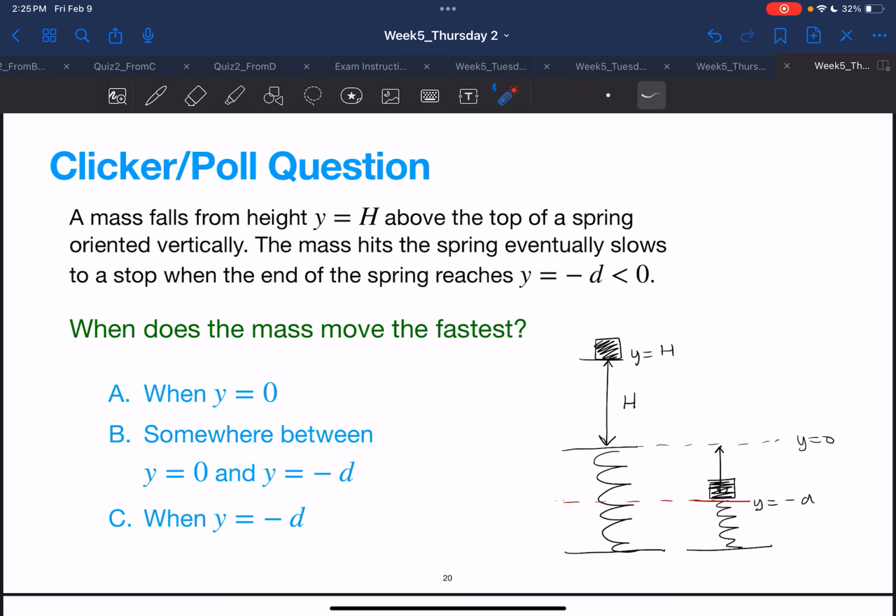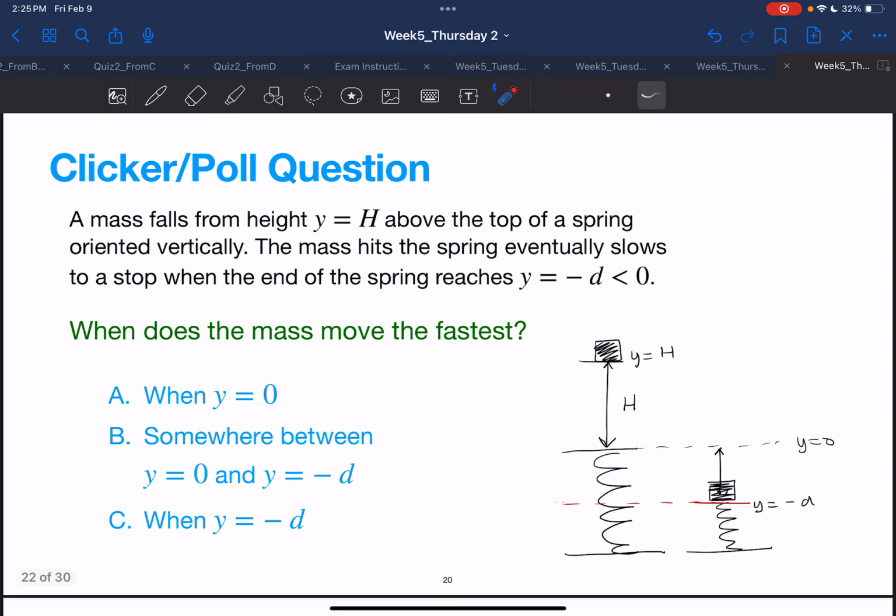one thing I want to make you wary of: we've defined y equals 0 here, but this block can continue to convert its potential energy into kinetic energy up to this point, y equals negative d.